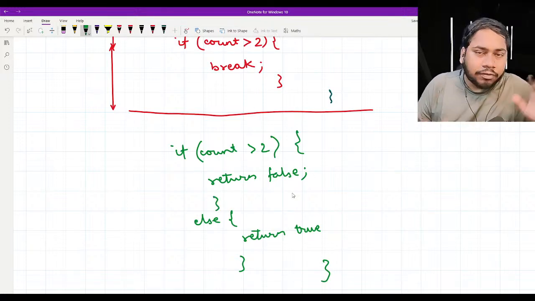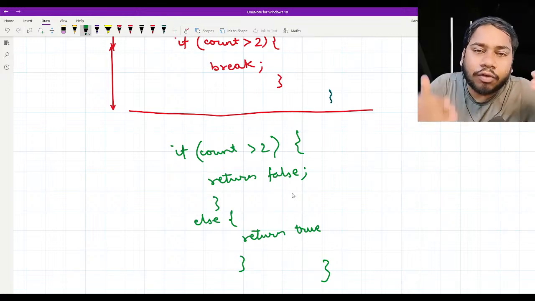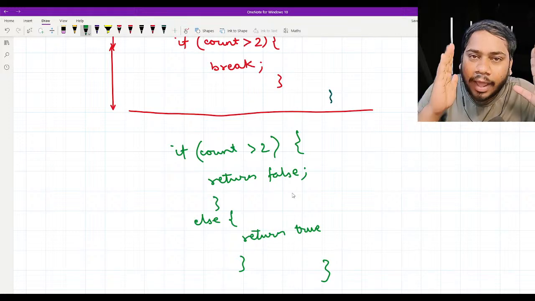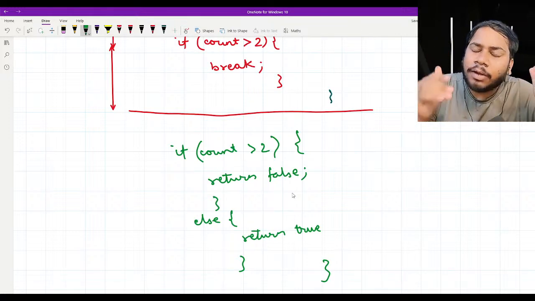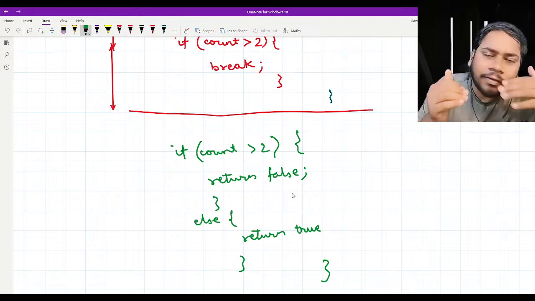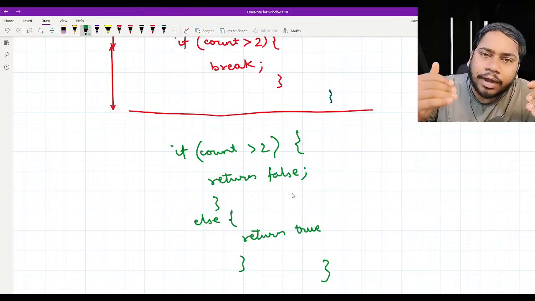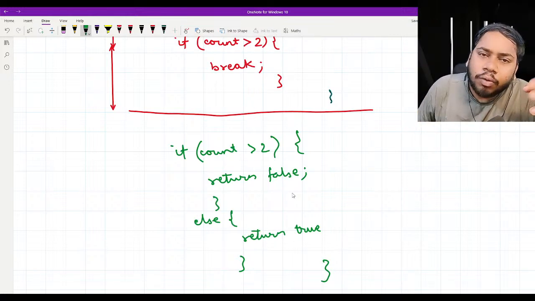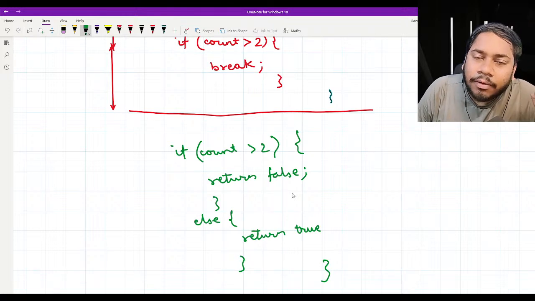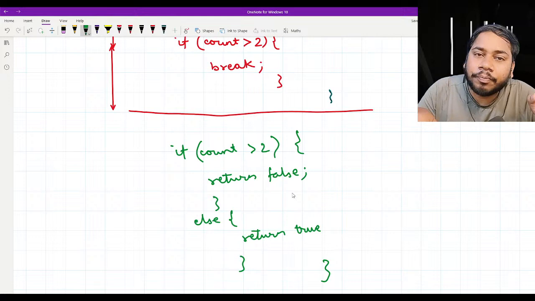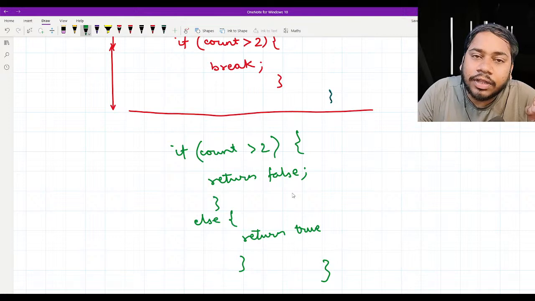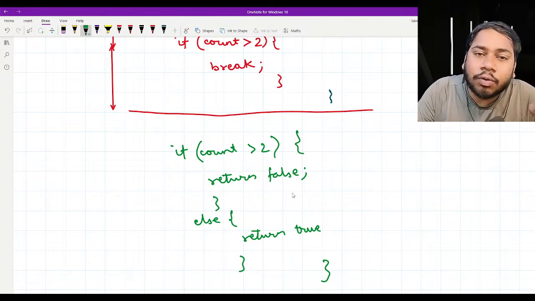So it's not about remembering these solutions. It's all about having that particular mindset. Firstly we were going from 1 to n to calculate the number of factors. So we found one pattern that we can get the count by going from 1 to root n only. And this will reduce the iterations, and that will result in reducing the time to execute that code.